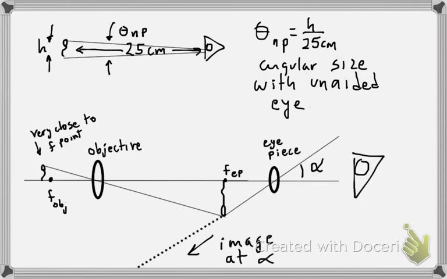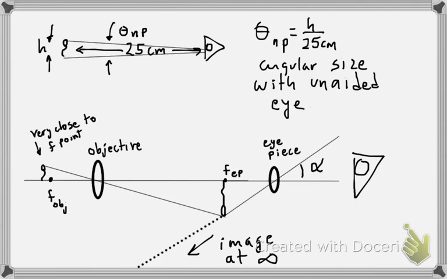So as discussed before, when using a magnifying glass, we want to produce the image at infinity, which means that the object is going to be placed at the focal point of the eyepiece. So if we do that, then the image of the little bug is going to be at infinity, and it's going to have an angular size that we're calling alpha here.